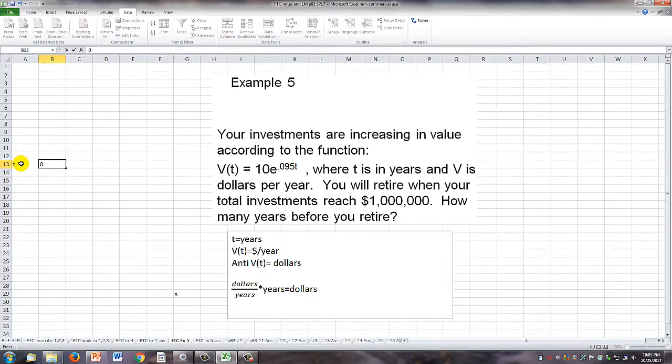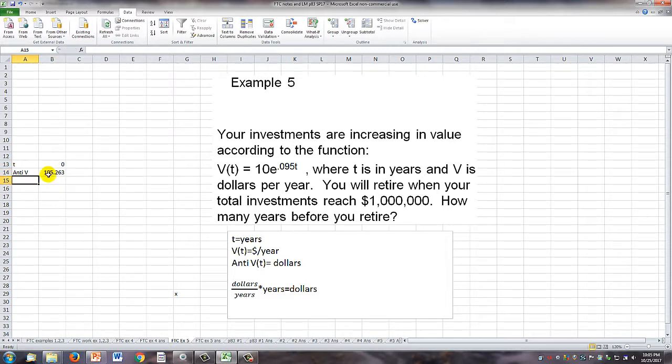I'm going to let t be 0, and I'm just going to leave my upper limit blank. And then my anti-v is 10 divided by 0.095 times exp to the 0.095 times t.